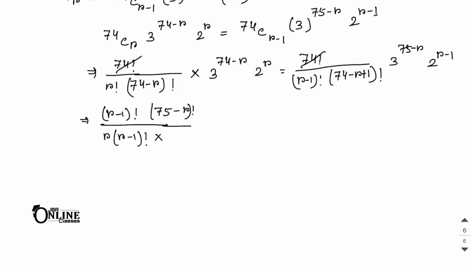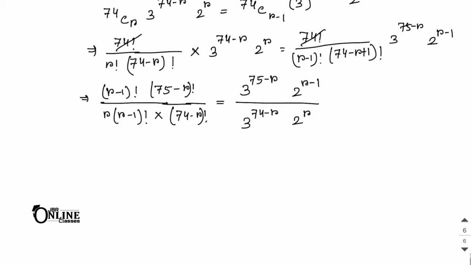So you can write down this one as 74 minus r factorial, and in the upper one 3 to the power 75 minus r, 2 to the power r minus 1, here 3 to the power 74 minus r, and 2 to the power r.